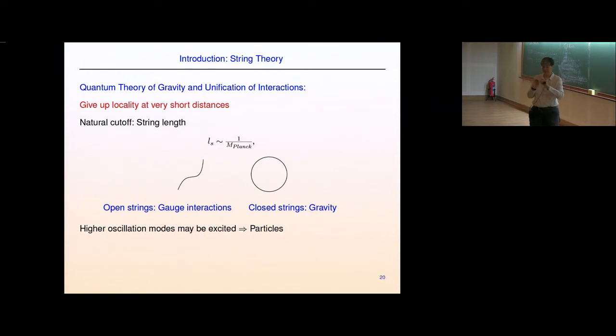Just very naively, if you consider the lowest fluctuation mode of a string which is attached at the two ends, it will go up and down like this. If you remember your course on classical electrodynamics, something that goes up and down like this is exactly a dipole moment in your antenna. In the multipole expansion, which certainly I learned about in my classical electrodynamics course, there's a monopole, then the next term is a dipole.